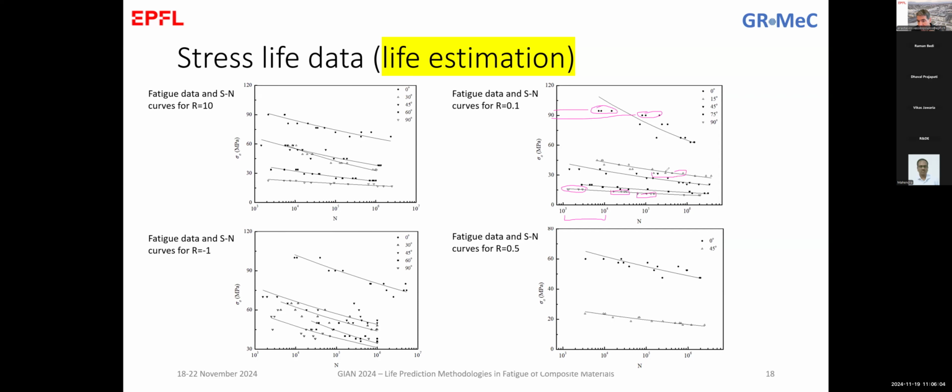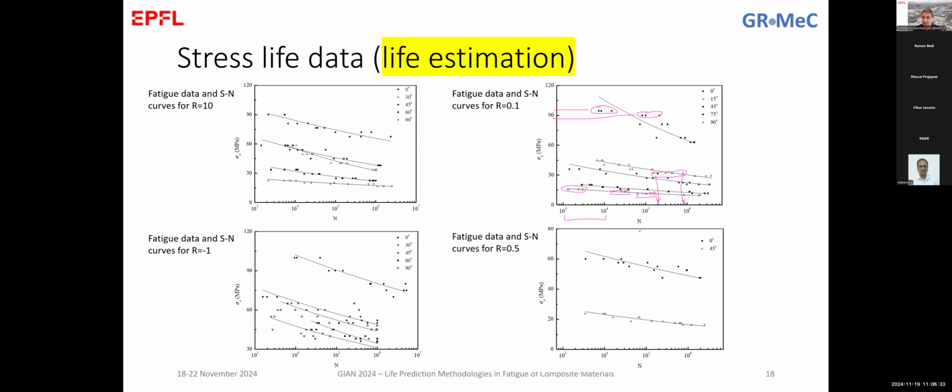There is a huge scatter, and you see here there is a big scatter. You can have specimens. What does it mean, a decade of life in this? You have specimens that failed at 10,000, 10 to the power 5 is 100,000. So specimens failed at 200,000 cycles, and specimens of the same load level that fail almost in 1 million cycles. This is 5 times more life in the same stress level.